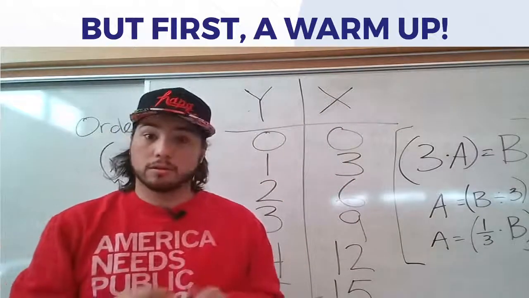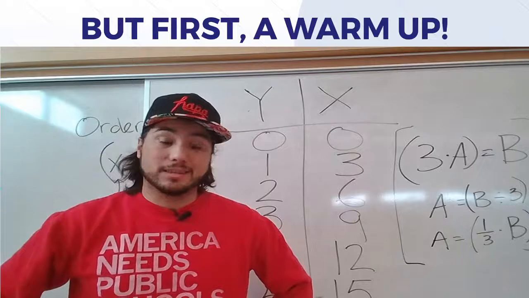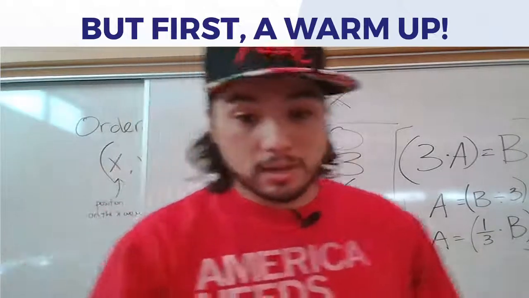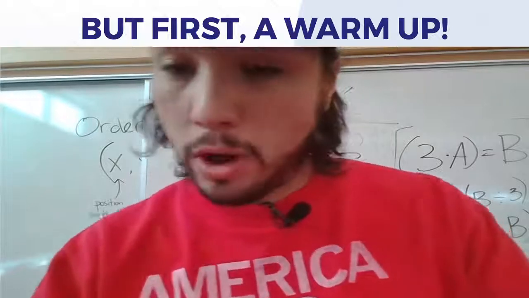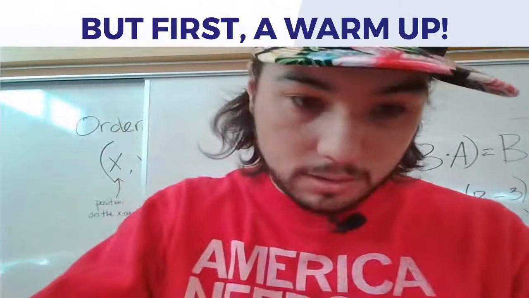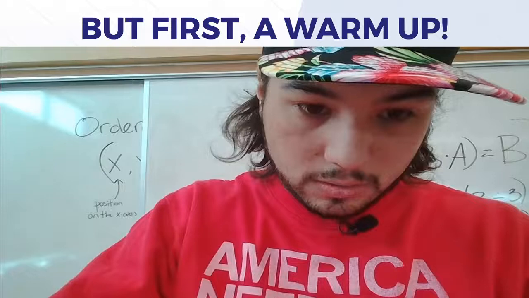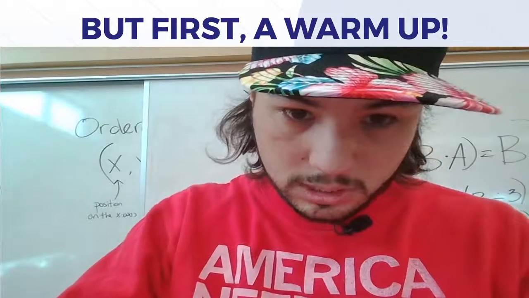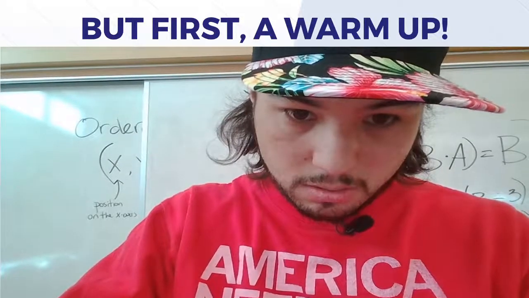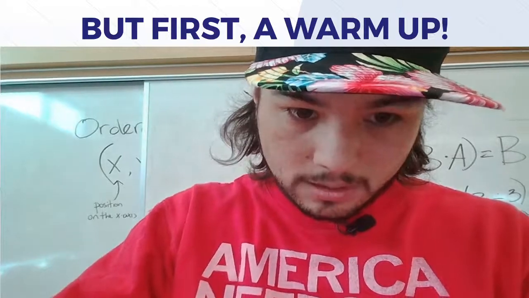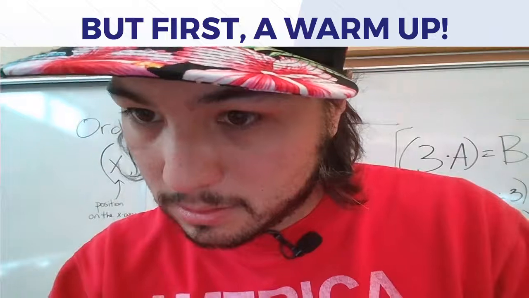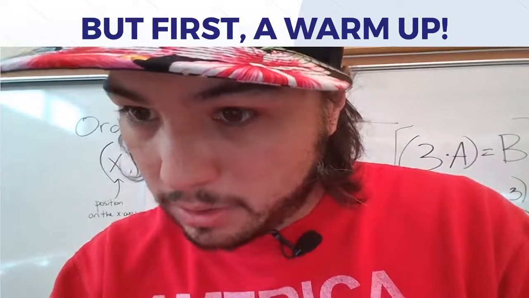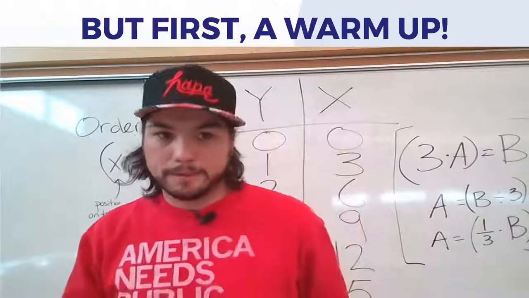And instead of 3x equals y, now we have 3y equals x, or 1/3 x equals y. And let's do this one in pink. So this one's going to be 1/3 times x, or x divided by 3, equals y.